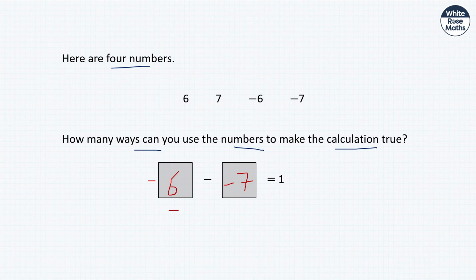I can do 7 subtract 6. So I think they are the only 2 ways, if I'm not mistaken.